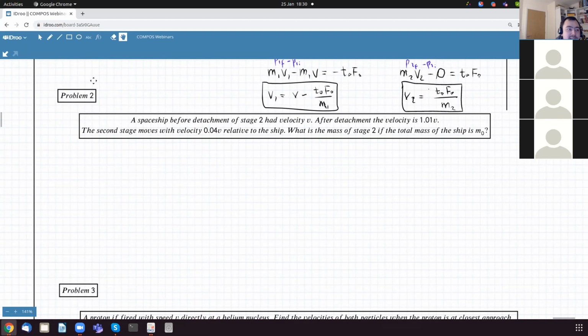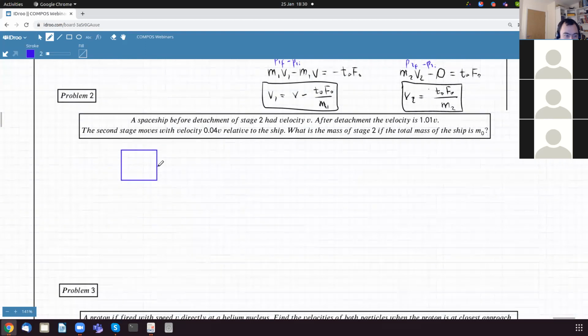Okay, so we can assume that there's kind of a spring mechanism. It could be a rocket booster, but the beautiful thing about the conservation of momentum is that the nature of the force does not matter. So this is stage 1.